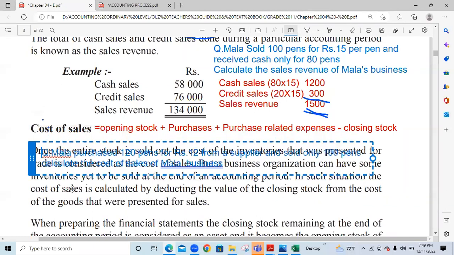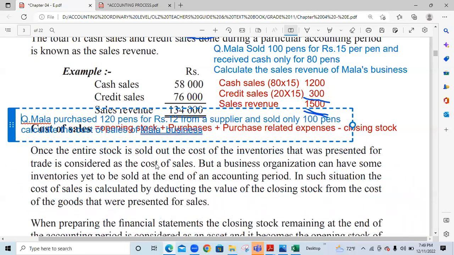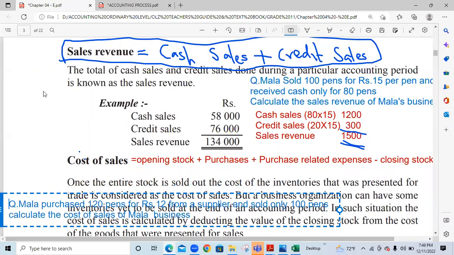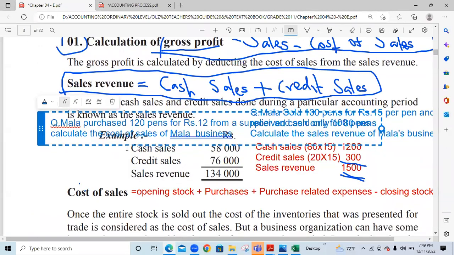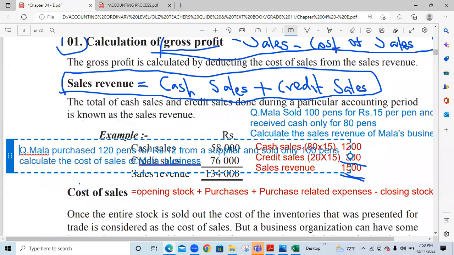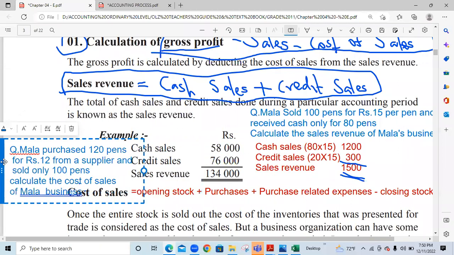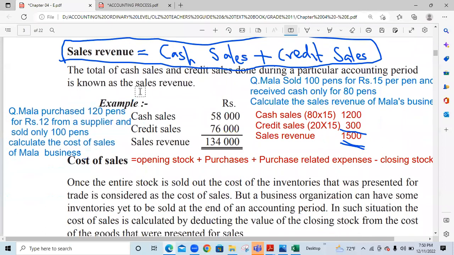Question 2, or maybe example. Wait, we have to keep this so y'all can see. Where shall I keep? Okay, that's better. Write this and send me the answer.